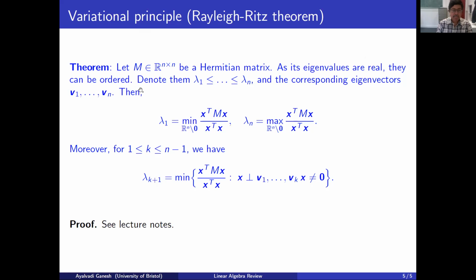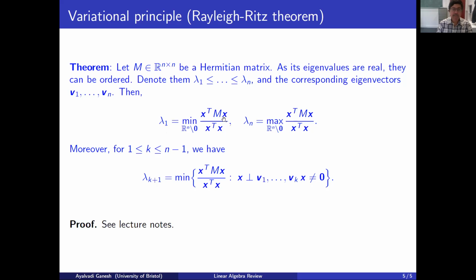Then the theorem says that lambda 1, the smallest eigenvalue, minimizes this ratio. This ratio is called the Rayleigh quotient. The smallest eigenvalue minimizes this over all non-zero real vectors, n-dimensional real vectors. Okay, 0 here is the 0 vector.